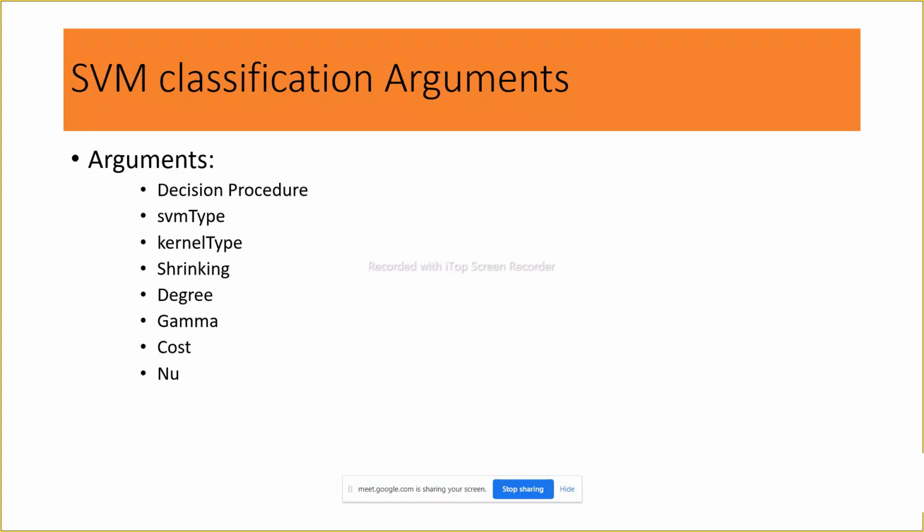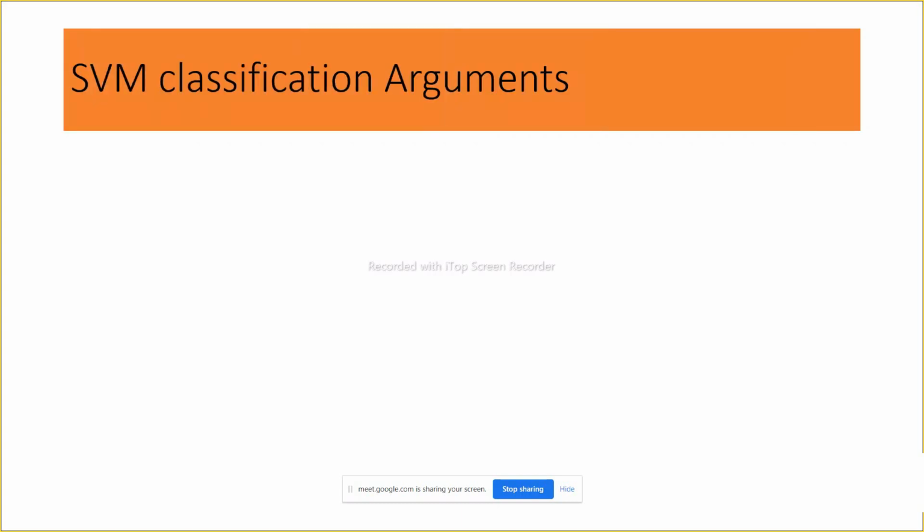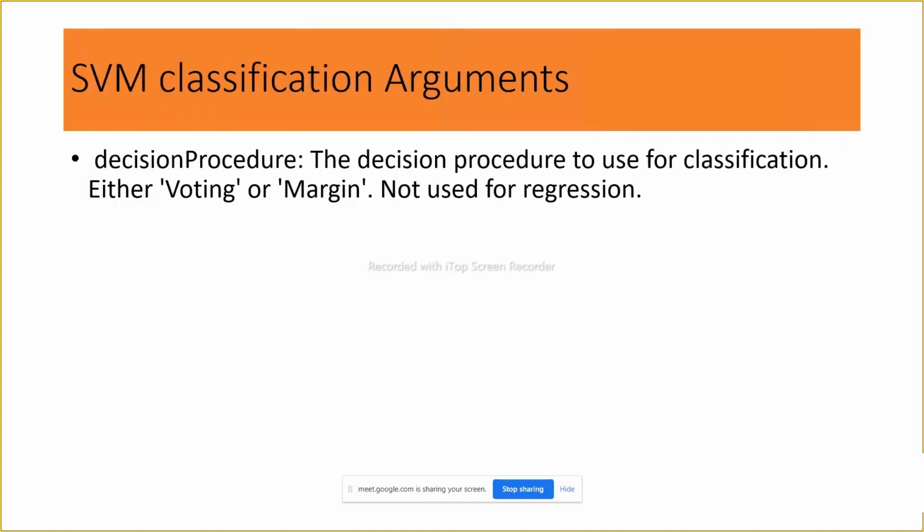First, the support vector classification algorithm. Here you can see the decision procedure, which is used for classification. We can use margin or voting. We already discussed the margin: the margin is the distance between the decision boundary and the support vector.